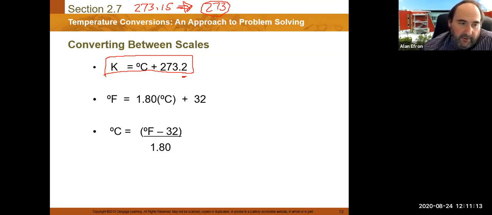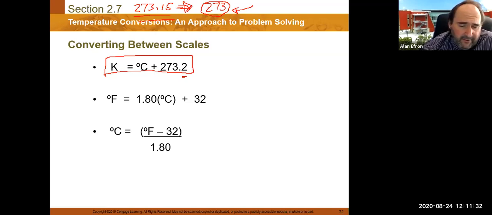Most of the time, the 0.15 gets lost when you fix the significant figures in the answer anyway. If you want to use the official number, 273.15, you can. But most people will just use 273, and I think that is perfectly fine.